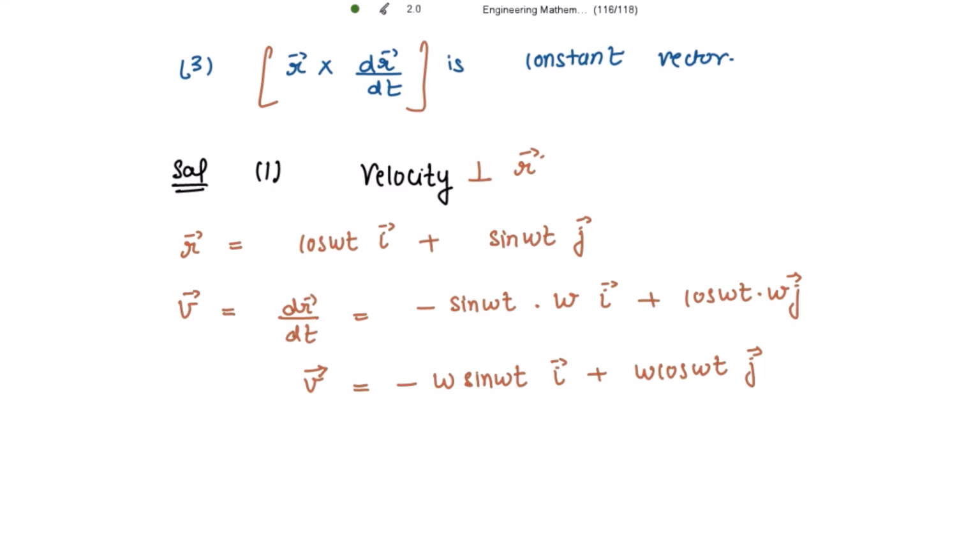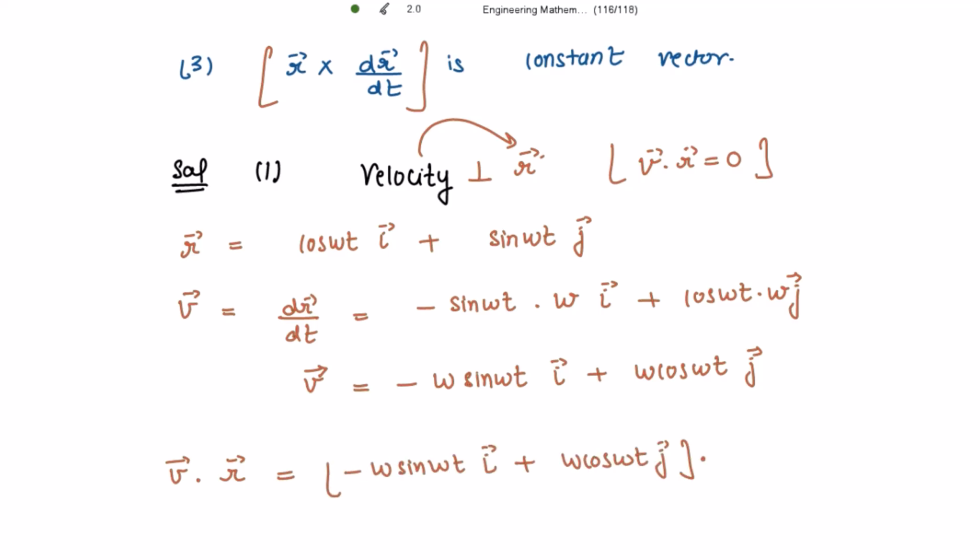To show that the velocity is perpendicular to the r vector, we need to show that the dot product of v with the r vector is 0. This we need to show. So let's take the dot product now. The dot product of the v vector with the r vector. Writing this complete v vector and its dot product with the r vector.